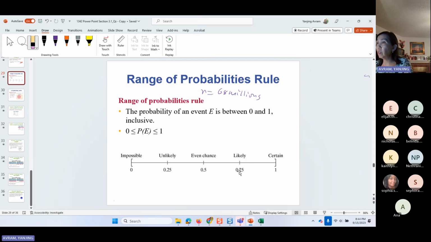Anything above 0.75 is called likely, or 0.9 is very likely. And 1 means 100% going to happen, so it's certainly going to happen. That is how you use probability to describe a certain event.